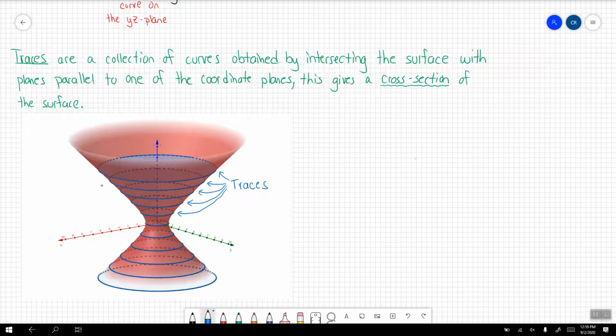Depending on what z value we start identifying this trace, we are going to have a different type of circle, meaning it might have a different radius. So what we're in the process of doing in this particular section is identifying these traces. That way we can start generating this surface.